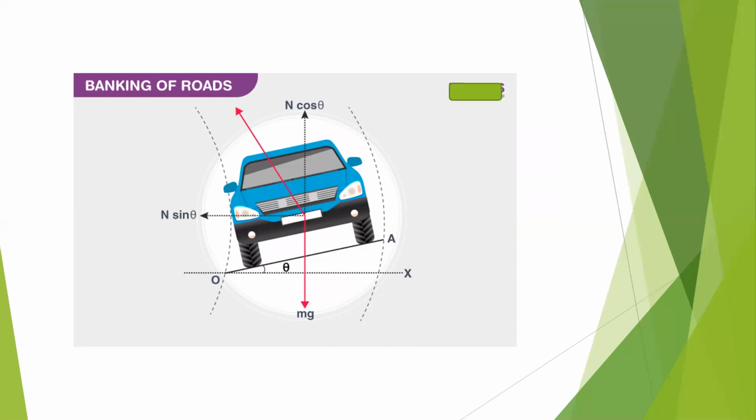So you can resolve the normal force. As you know, the normal force acts in the upward direction, and we can resolve it into two components. Here in the picture, this red line is your normal force.